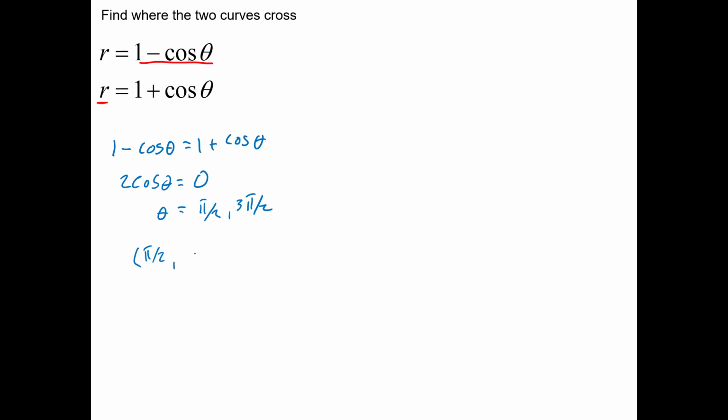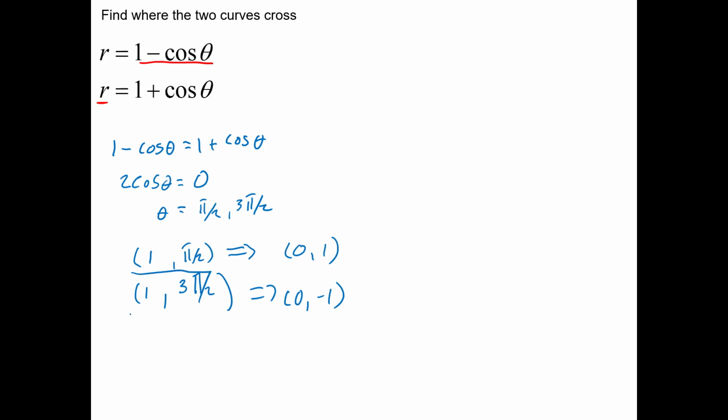Sorry, r is 1 and theta is pi over 2, and r is 1 and theta is 3 pi over 2. The corresponding rectangular coordinates are the point 0, 1 and the point 0, negative 1.